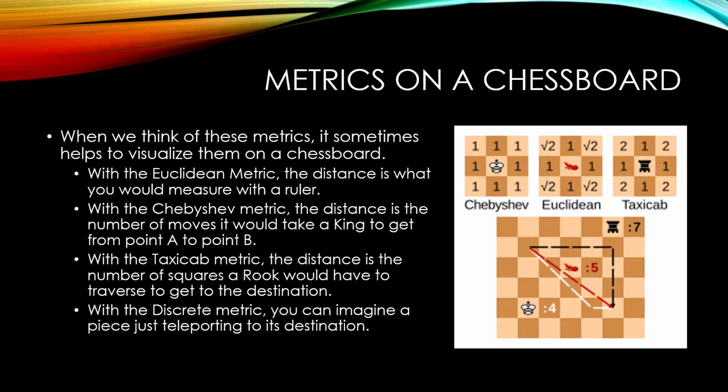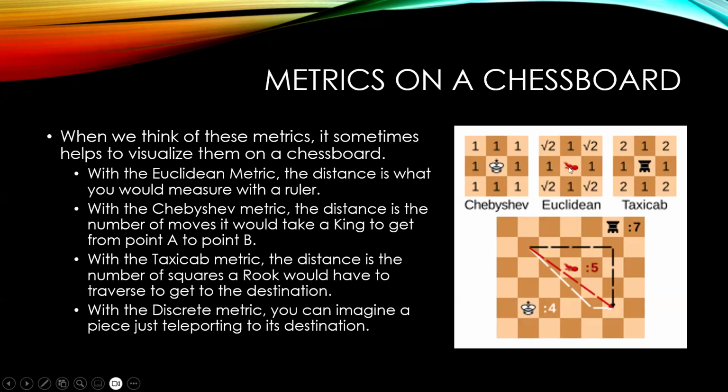If we're thinking about the difference between these three, the Chebyshev works just like the king. The king can go 1 in any of the directions. So if you're trying to go from this position up here down to this position here, the king would only need 1, 2, 3, 4 moves in order to get there.